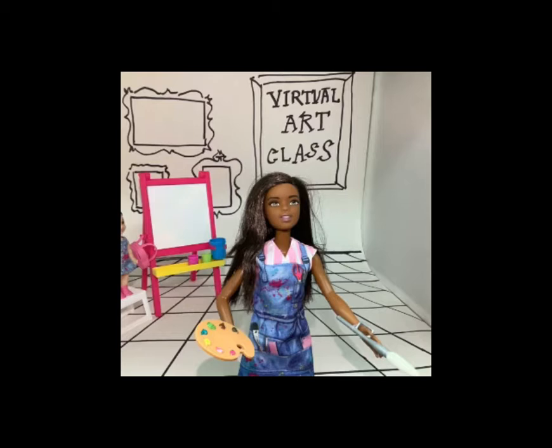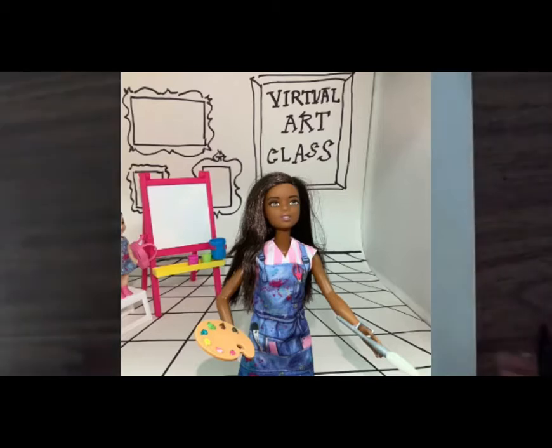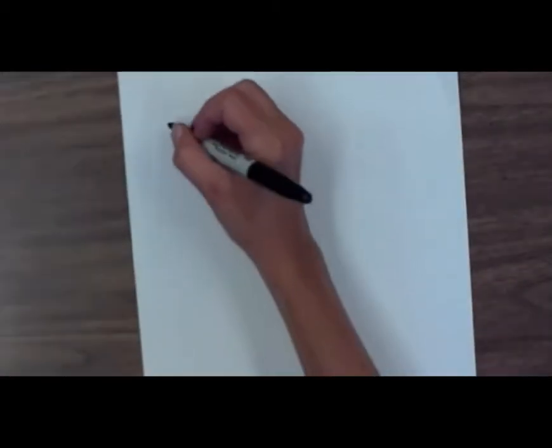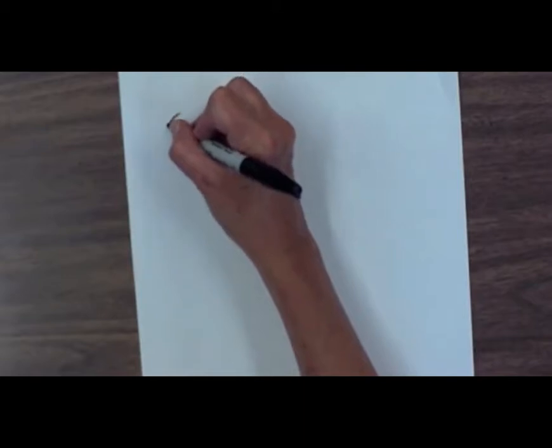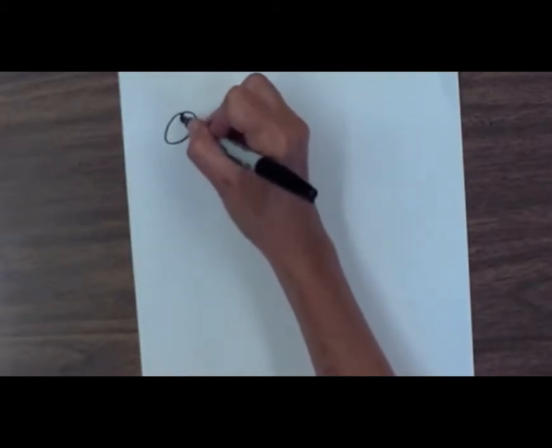So you know your ABCs. Today we're going to learn about our dots, circles, and lines. We're going to begin with the dot family. A dot is a round shape that is filled in. Here are some examples.